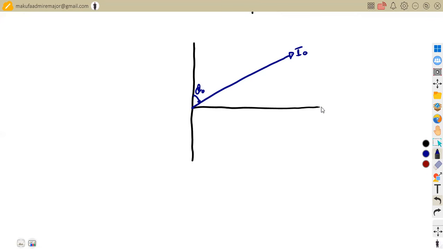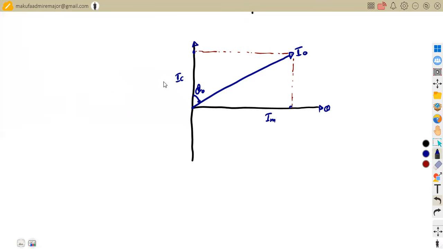Here we are talking about the flux. So this is going to correspond at this point to the magnetizing component and to the core component. So here, that's where we have our magnetizing component, which is given as IM. Then the core loss component, which is given as IC on this side. That is what we have.